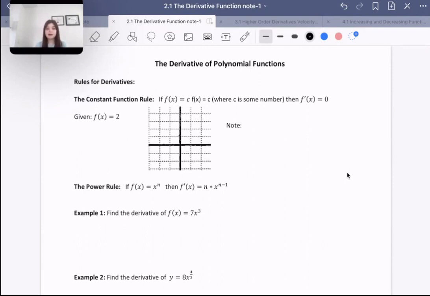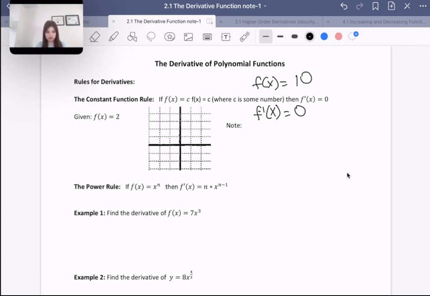Basically, if f of x is equal to c, where c is some constant number, doesn't matter what, then the derivative is 0. So for example, if f of x is equal to 10, 10 is just some constant. That means f prime of x is equal to 0. So we take the derivative, we get 0. What if f of x is 25?